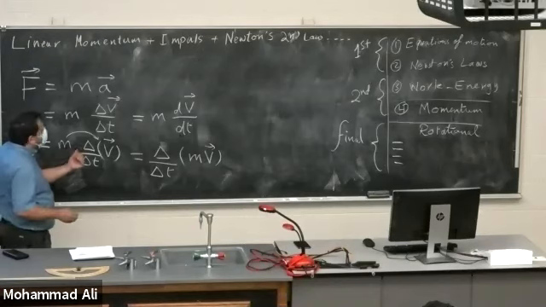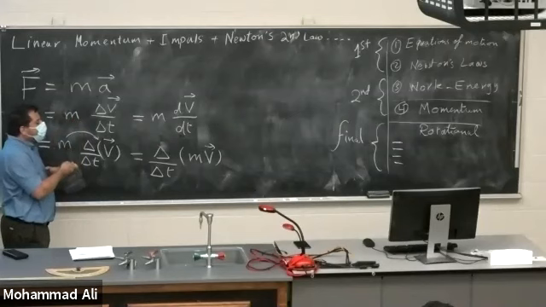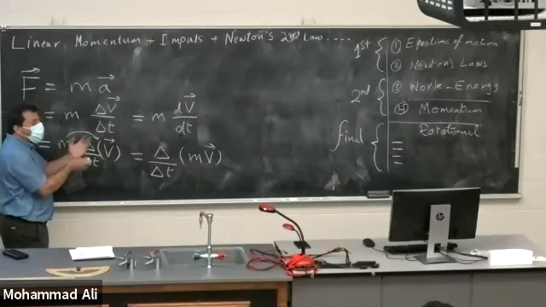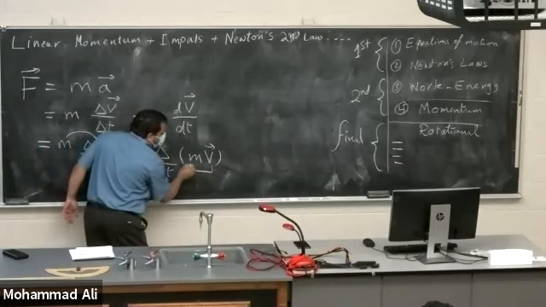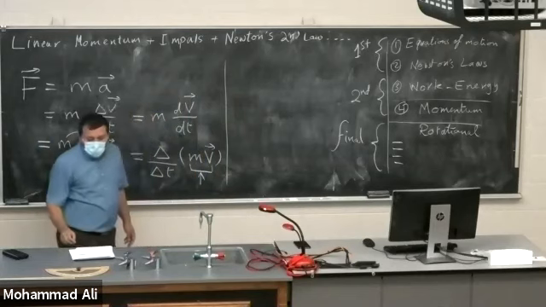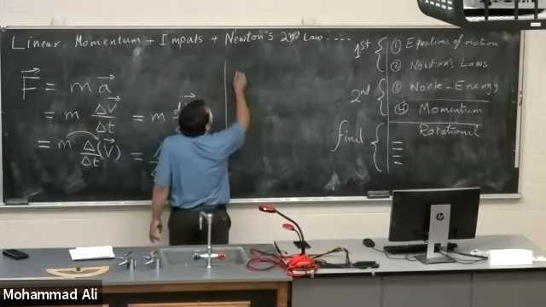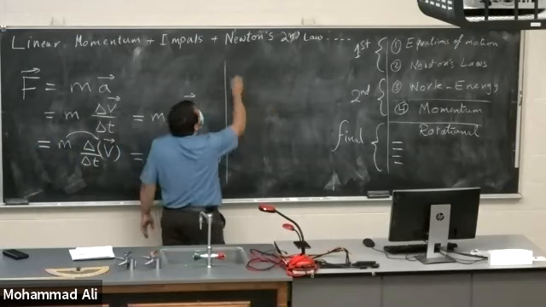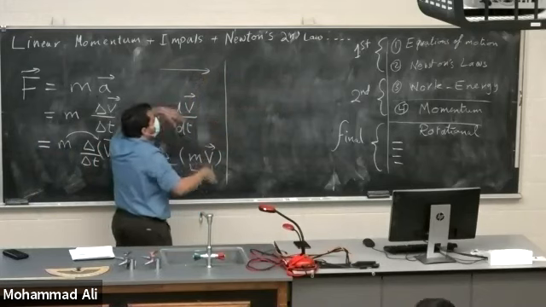Now we have a new quantity derived from the force, and we can derive the force from that quantity. This quantity, mv, we need to define this quantity as the momentum, the linear momentum. Linear means the motion in a linear line, a linear path, which is a straight line.